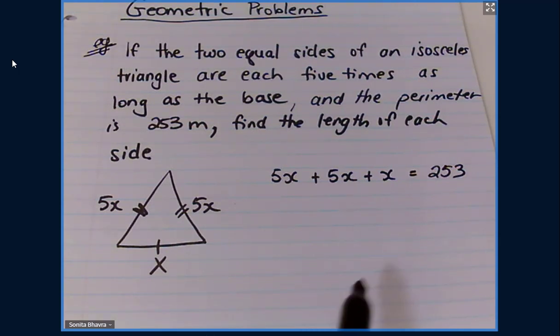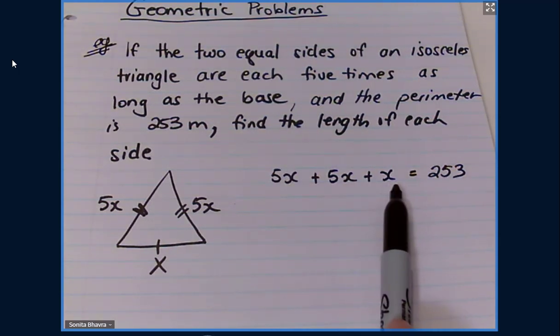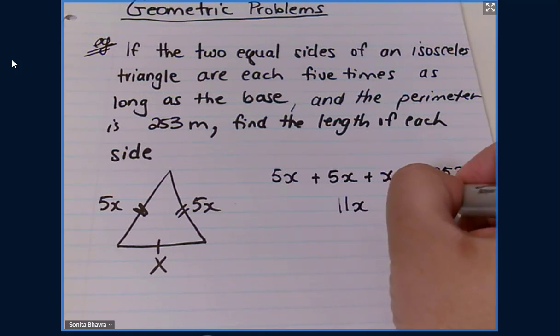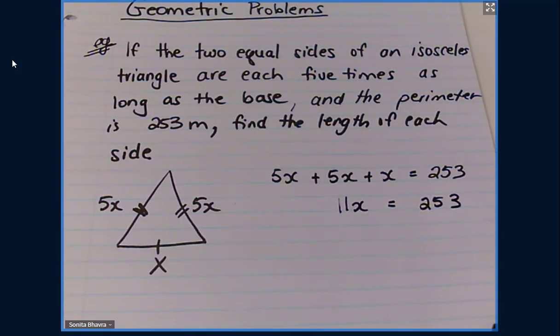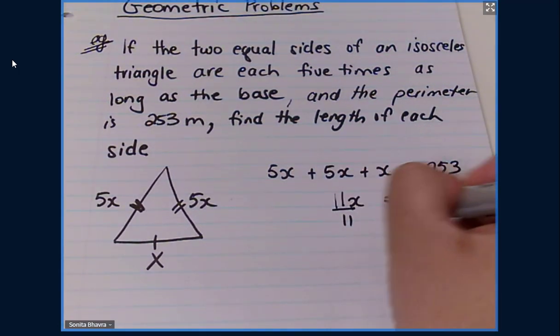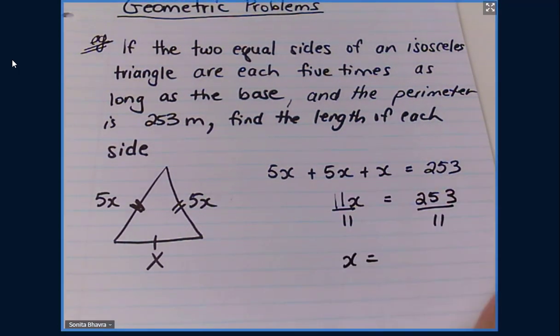So 5x plus 5x plus x gives me 11x. So 11x is equal to 253. And next I just have to divide by 11 on both sides. And that gives me x is equal to 23.